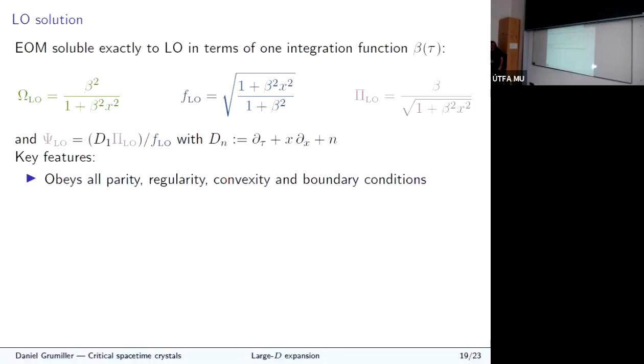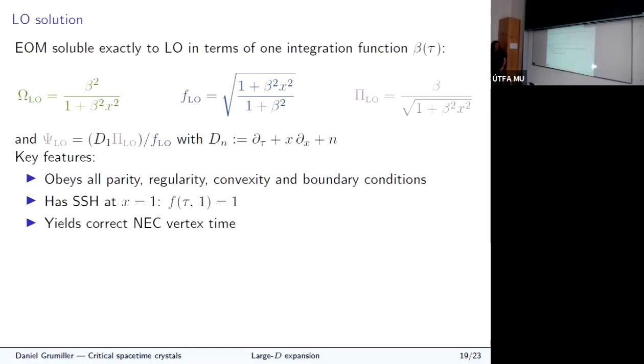Here's some key features. This solution indeed obeys all the parity, regularity, convexity, and conical conditions. It's a correct critical spacetime crystal. As required, it has an SSH at x equals 1. So you can see that if x is equal to 1, then this goes 1 plus beta squared over 1 plus beta squared, so x equals 1 is required.